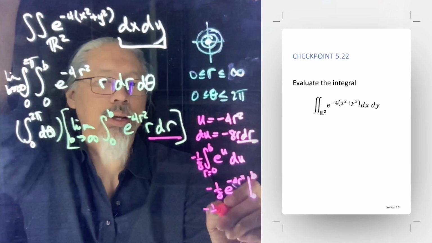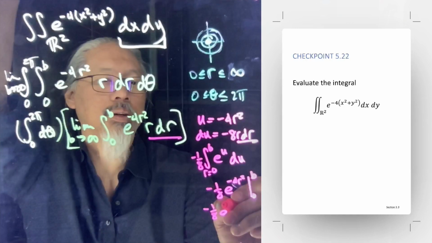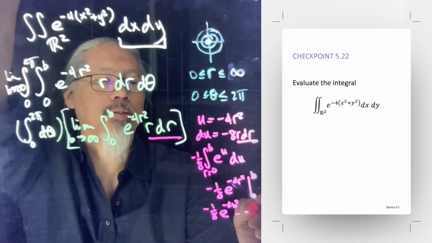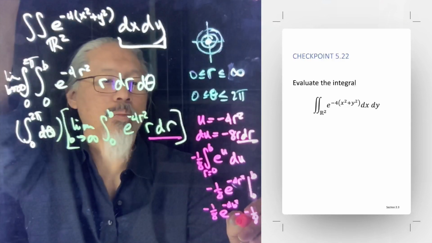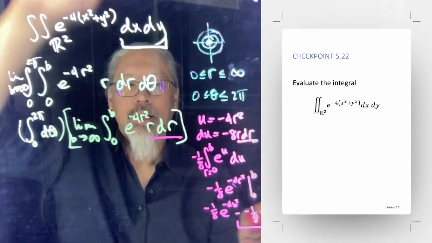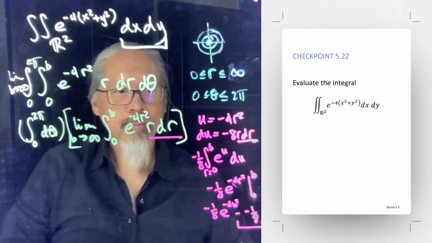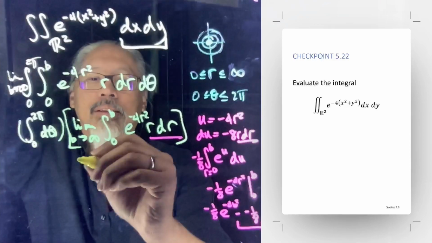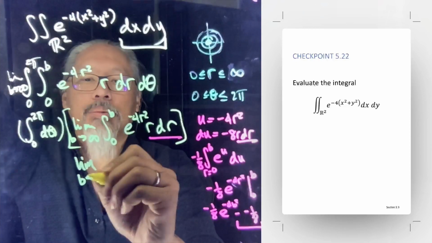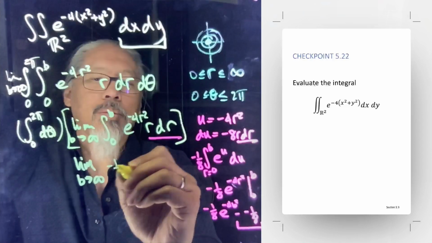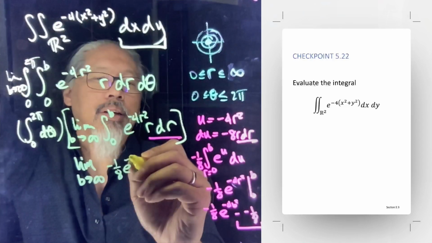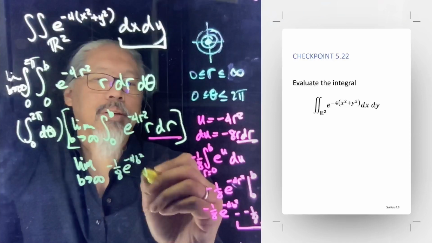We're going to get negative 1/8 times (e to the negative 4 b squared minus e to the 0), so that's a negative 1/8. e to the 0 is just 1, so this becomes a positive 1/8. And if we take that limit as b approaches infinity of this expression that we have, negative 1/8 e to the negative 4 b squared plus 1/8.